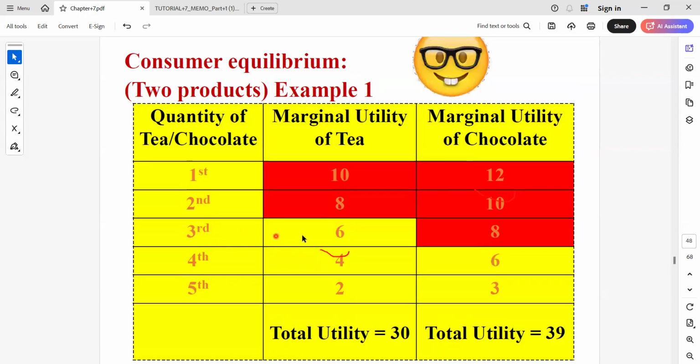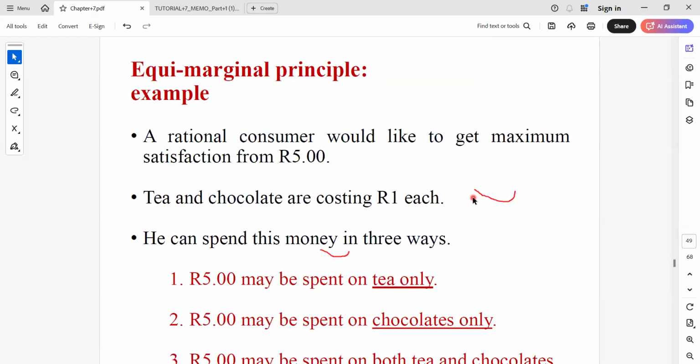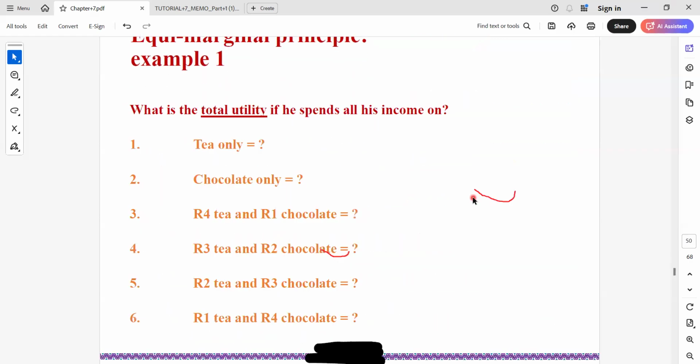So 3 tea, it's 6, and 2 chocolates, it's 10. So you're going to say 10 plus 8 plus 6, and then you're going to add 12 plus 10, 46, and so on, guys. I think you're getting it now.